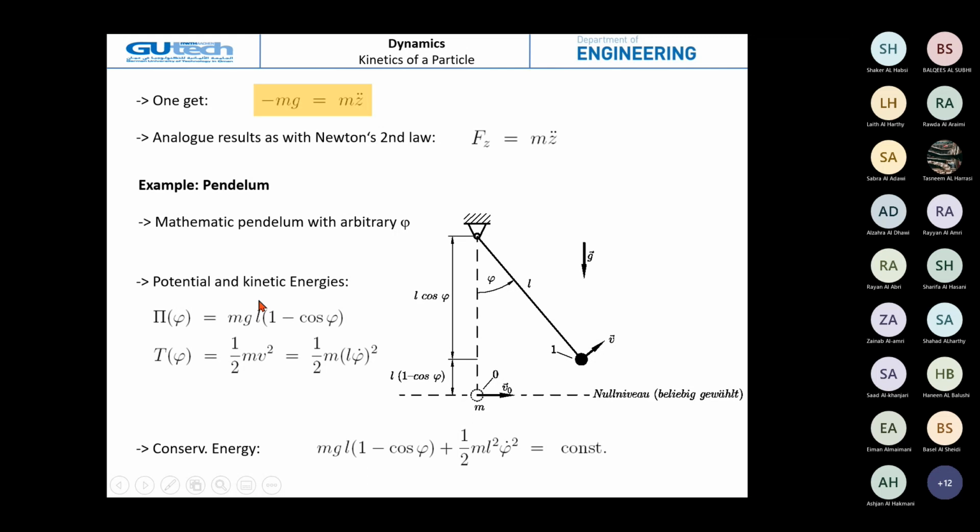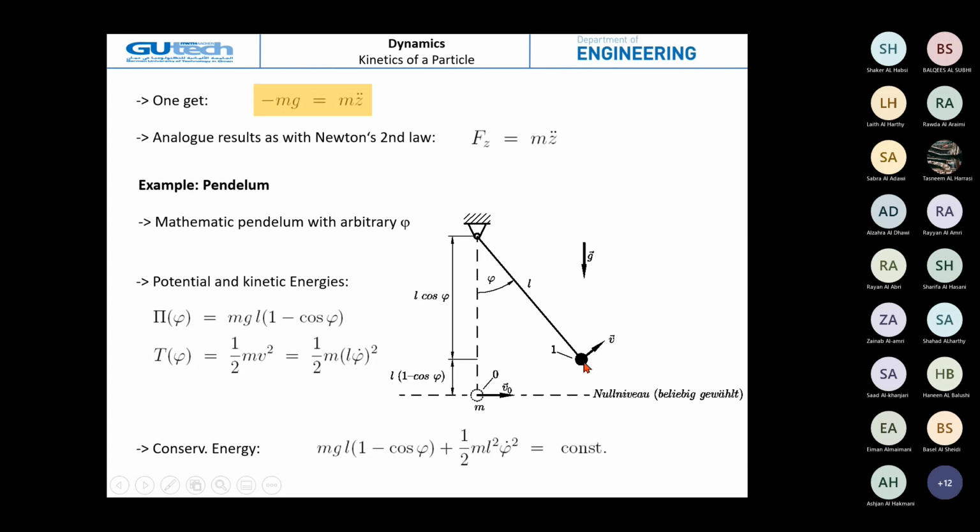Now, if we look at the potential and the kinetic energy, first the potential energy P at this position, we have the length L. The force applied on the mass M will be only mg, the weight, given in the vertical direction, the same direction as g.